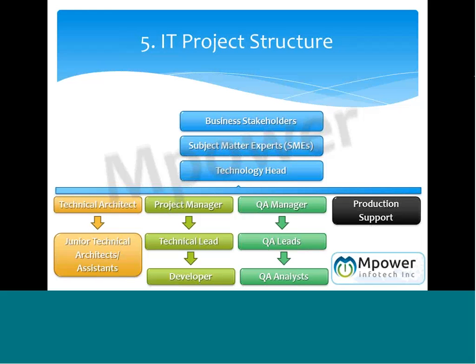Now the QA lead and the QA analyst team will be working directly with the project manager, and at the same time they are closely monitored by the QA manager, who is responsible for the quality assurance of the overall projects. So it is very likely that the QA lead and the QA analyst will be reporting to both the project manager and also the QA manager at the same time, because both of them are going to look over the quality control and the development activities.